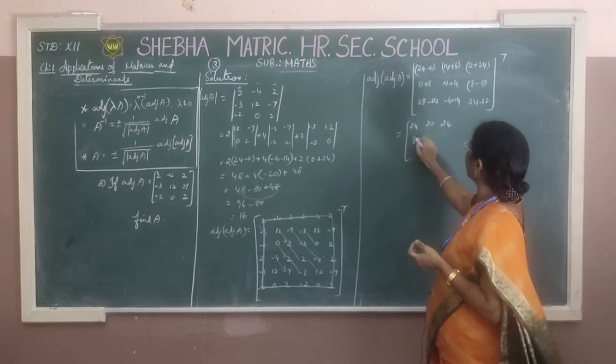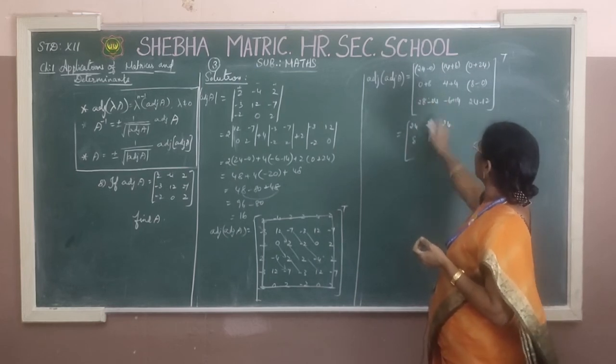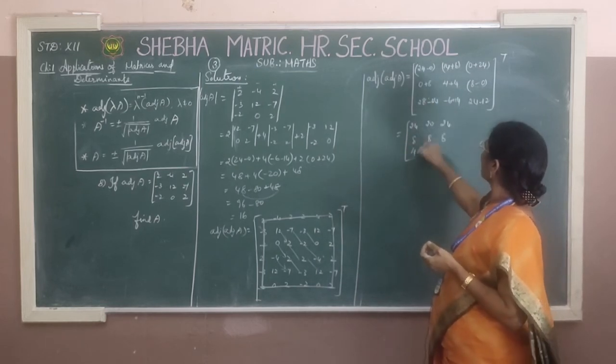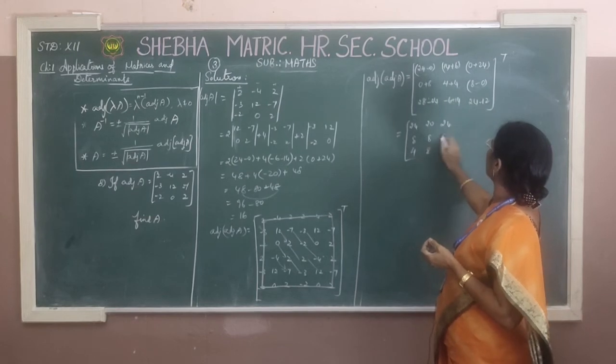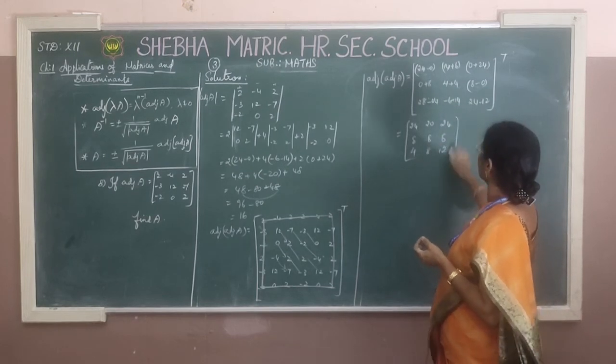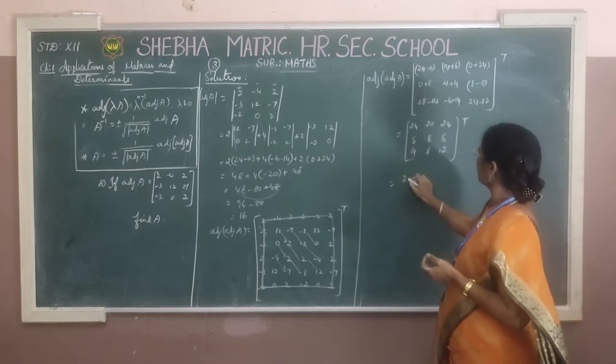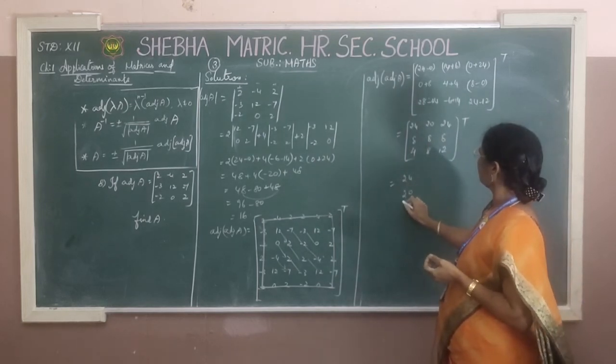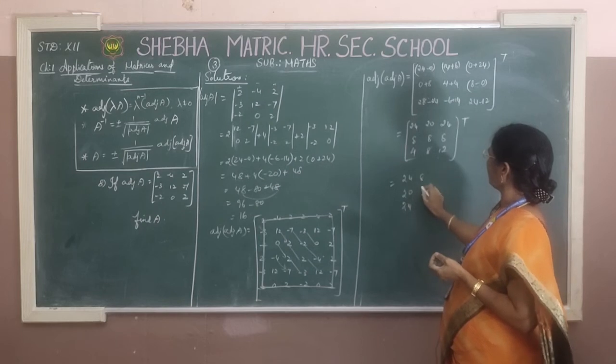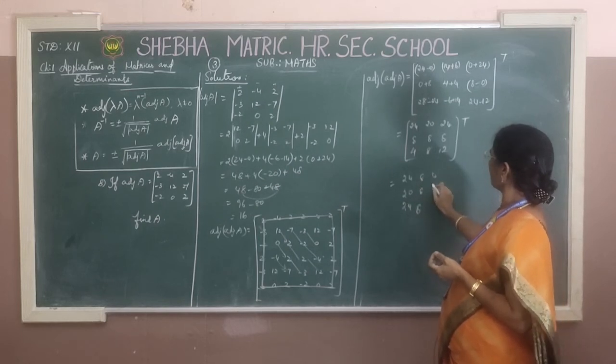Here 8, 8, 8. Subtract we get 4 and here we get 8. Here 12. This transpose. After transposing this: 24, 20, 24 and 8, 8, 8 and 4, 8, 12.